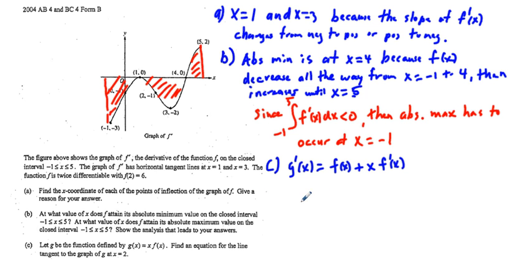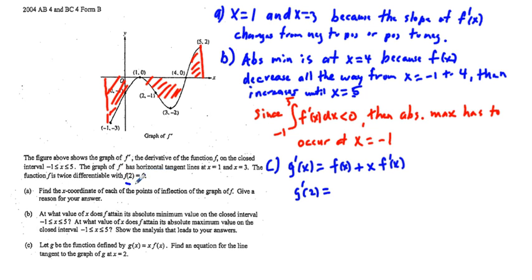We're trying to find this at x equals 2, so g prime of 2 is going to be f of 2.